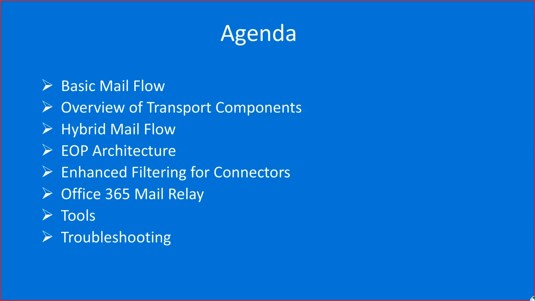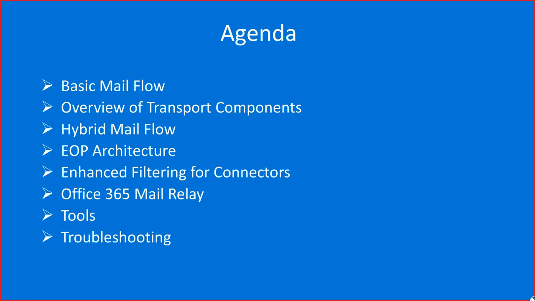Here's the agenda for today's session. We start with the basics of mail flow, both how it looks like internally within the organization, as well as for emails sent externally over to the internet.